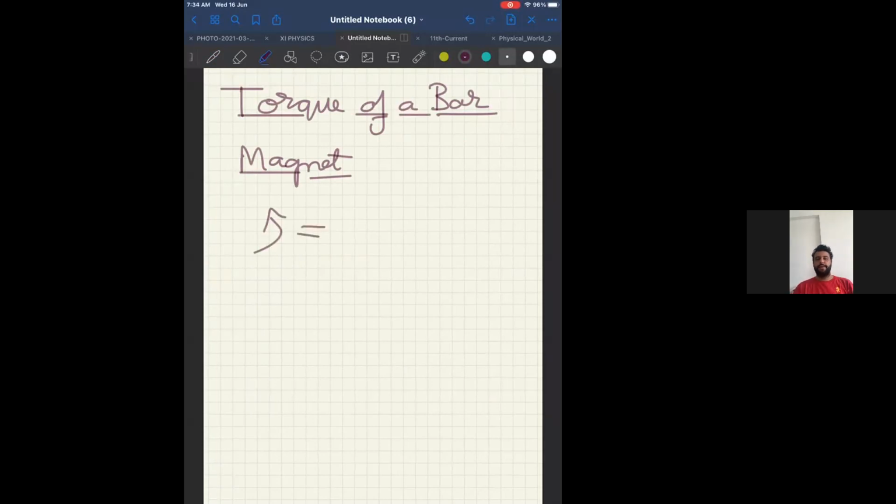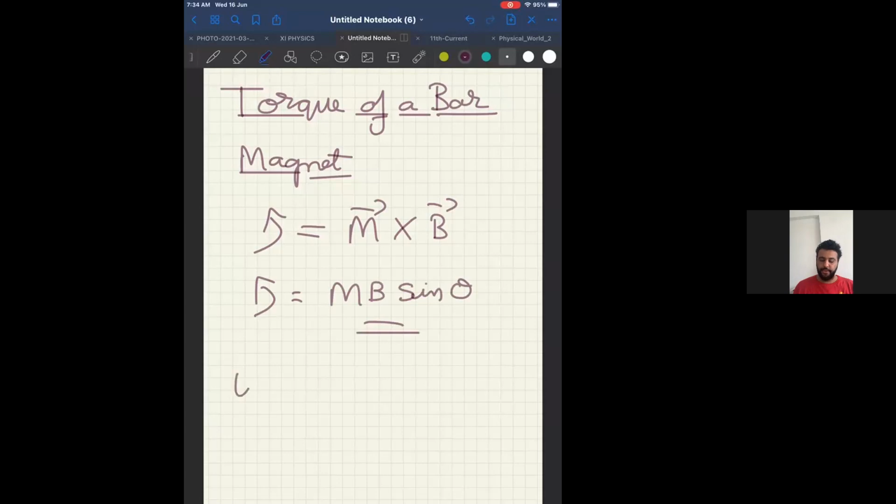Now, torque of a bar magnet, look at the screen now. Torque of a bar magnet is M cross B, which is MB sin theta. The unit of torque is Newton meter, because the general formula for torque is force into perpendicular distance.